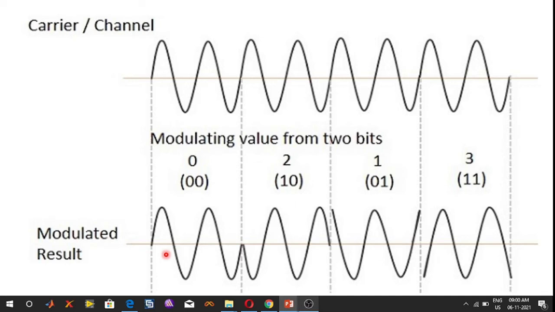This quadrature PSK is also called 4 PSK system or quaternary phase shift keying or quadriphase PSK system.